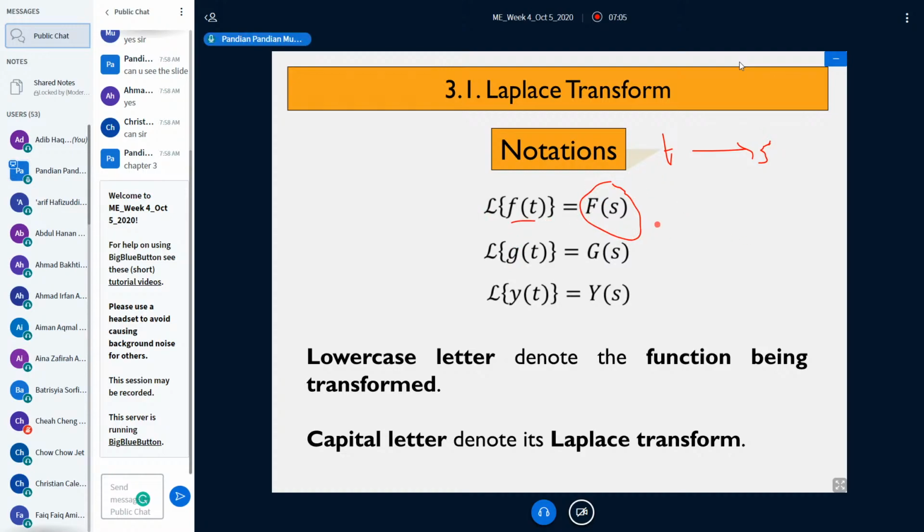This F(s) is another domain, a solution in the s parameter. And later on, we will come back from s to t when you study the inverse Laplace. Laplace of g(t) is capital G(s). Laplace of y(t) is Y(s). So the lowercase letter denotes the function being transformed, and the capital letter denotes its Laplace transform.